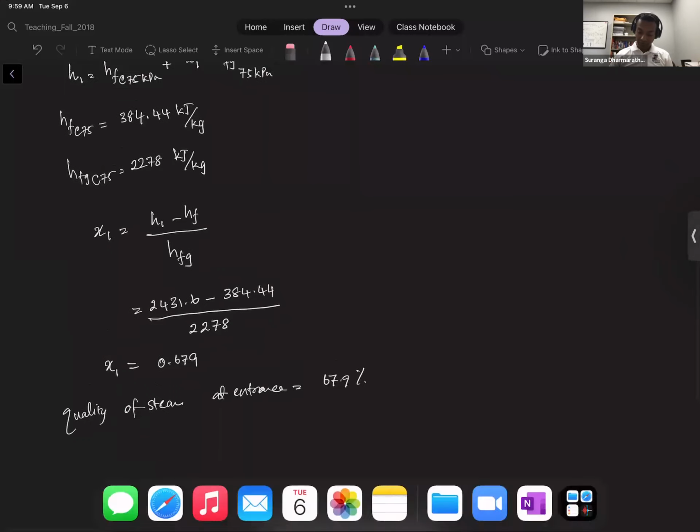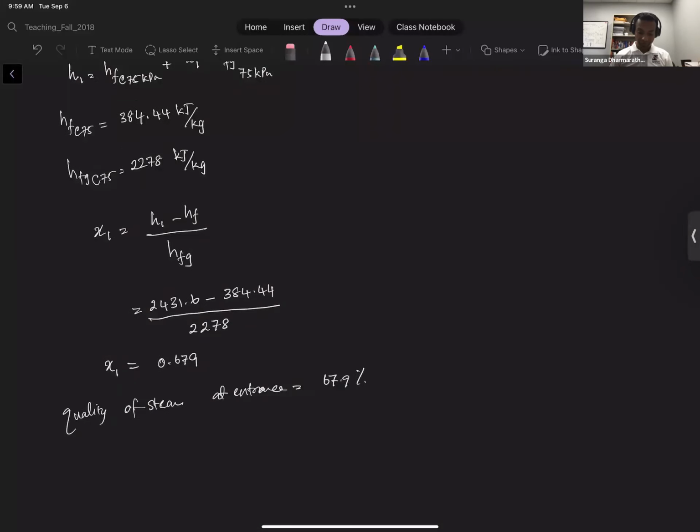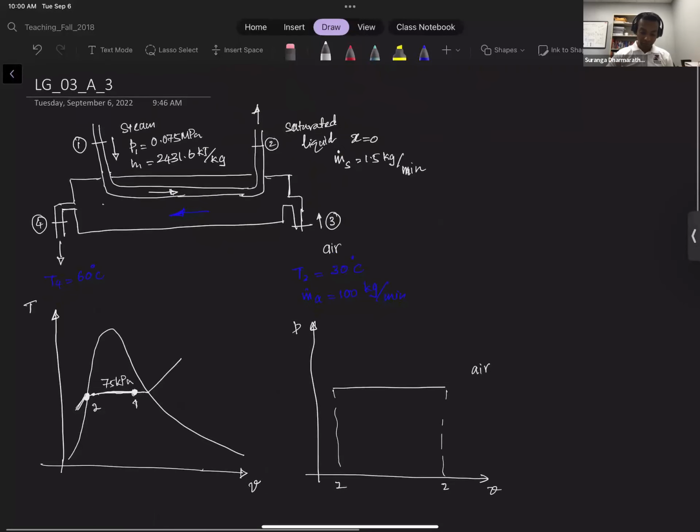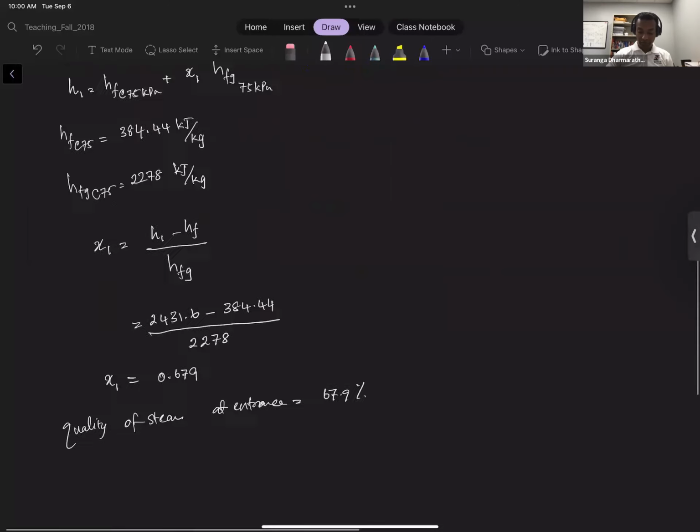And then the final question, the amount of heat transfer to the surrounding. So assuming that there's a heat transfer to the surrounding, we can assume steady state.